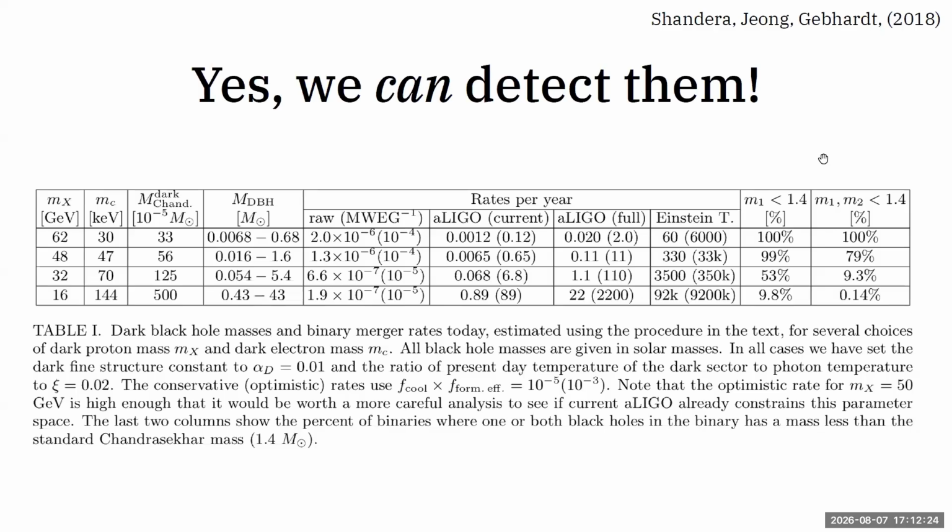We have this range of numbers because just like not every baryon in our universe is locked into stars, not every dark matter must be in black holes, right? So we have this free parameter called the total rate, the fraction of dark matter in black holes, between 10 to the negative 5 to 10 to the negative 3.